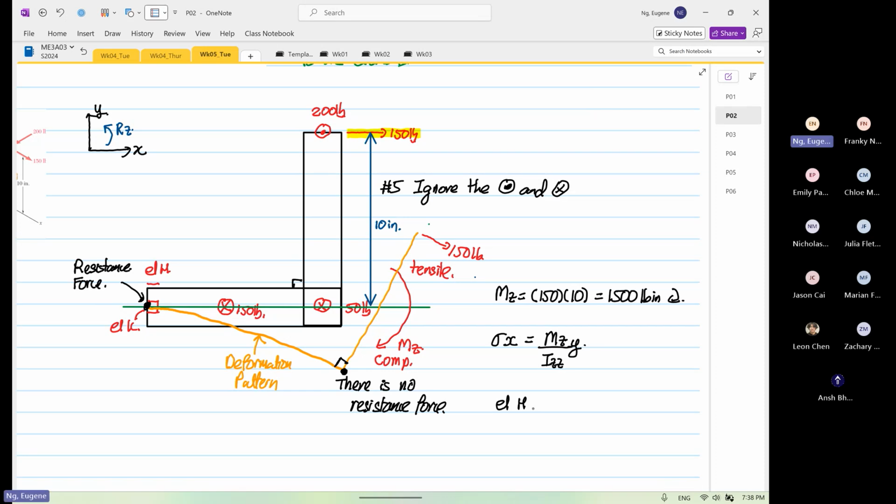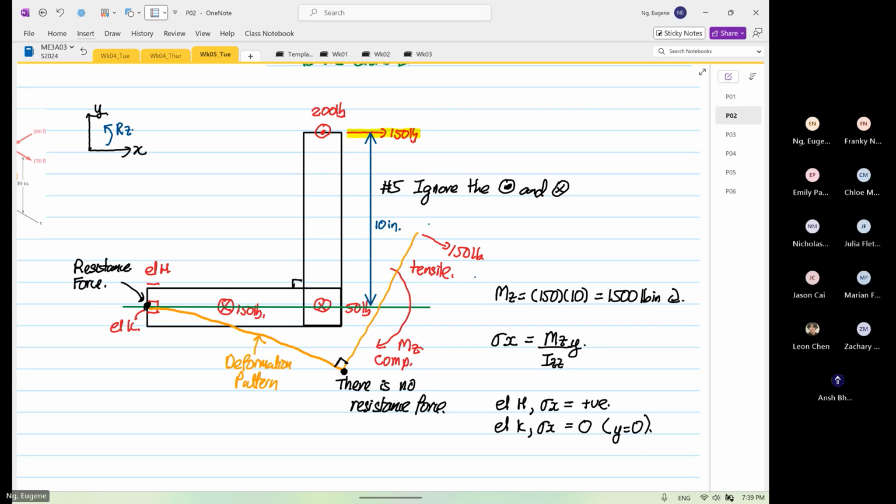If you look at element H, stress X will be equal to what? Tensile, right? It's going to be positive. And if you look at element K, right? Stress X is equal to 0 because it's at the what? Because y is equal to what? 0.